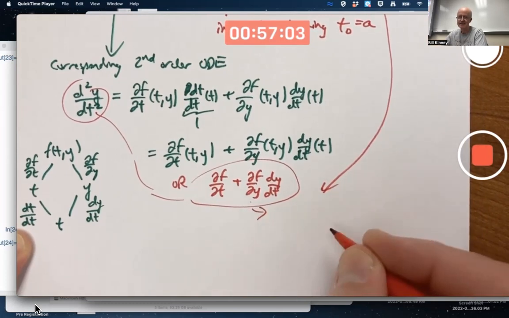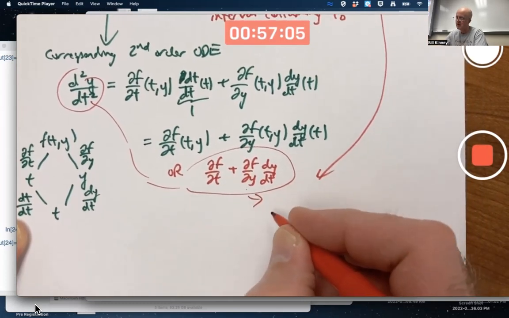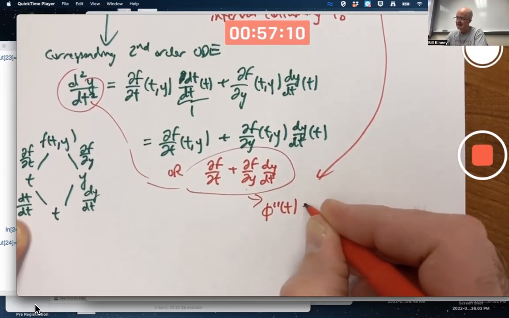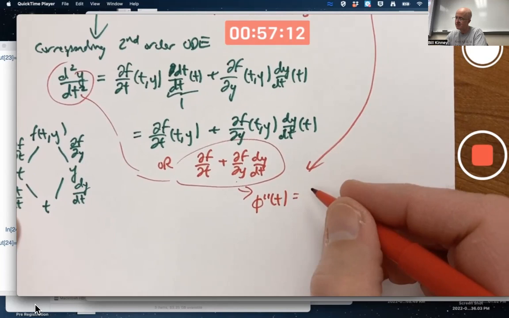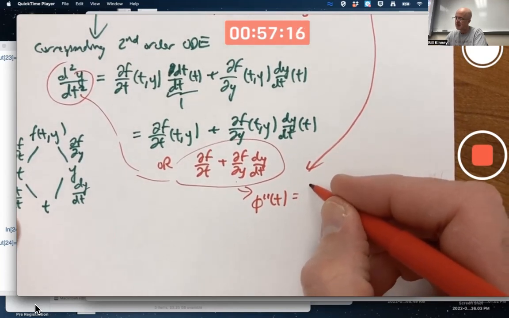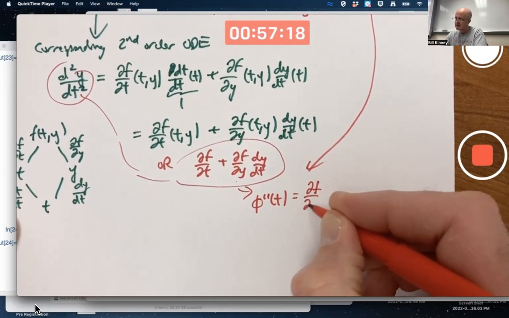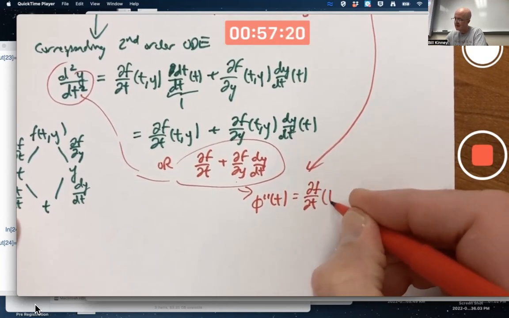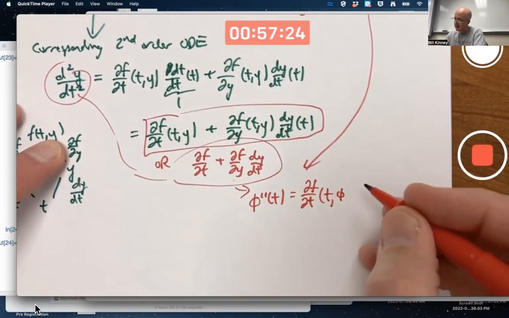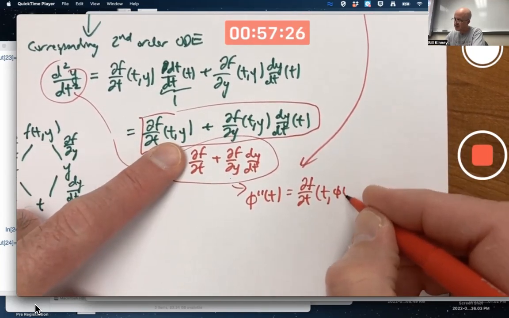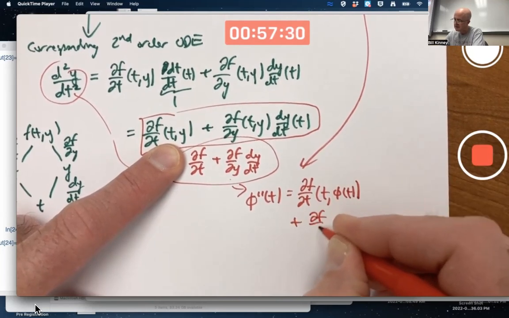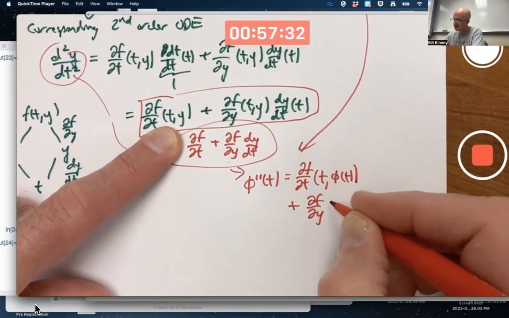If I combine these things, what it means for the second derivative of my solution function is that it has to satisfy a differential equation like this. Everywhere you see a y, you replace it with phi of t, after differentiation, at least.